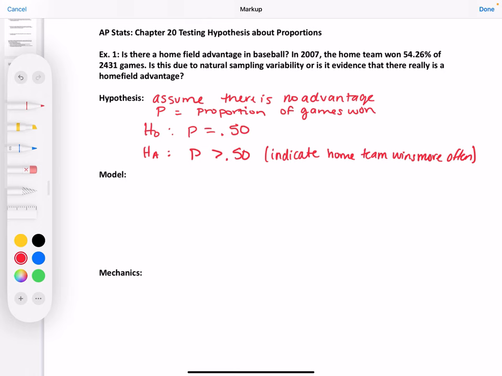All right, so model, we look at the conditions. So, independence. This would be roughly true because one season would be similar to another.